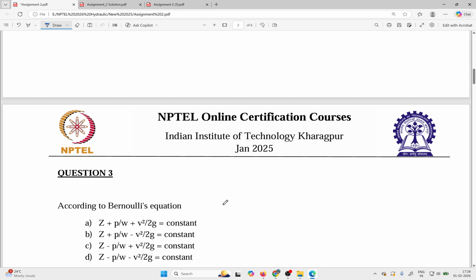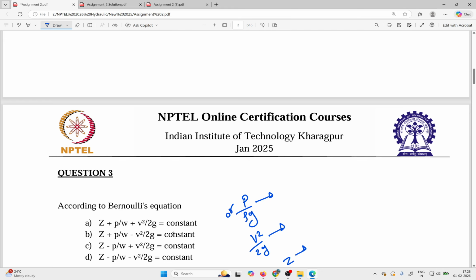Z here is the potential. So P by rho g, V square by 2g and Z. Can anyone tell what is P by rho g?